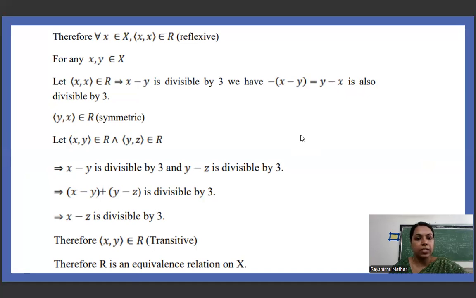And in transitive property, we can state that x minus y is divisible by 3, y minus z is divisible by 3. Then summing these two relations, we get x minus z, which can also be divided by 3. Therefore, it satisfies the three properties. The relation R is an equivalence relation.